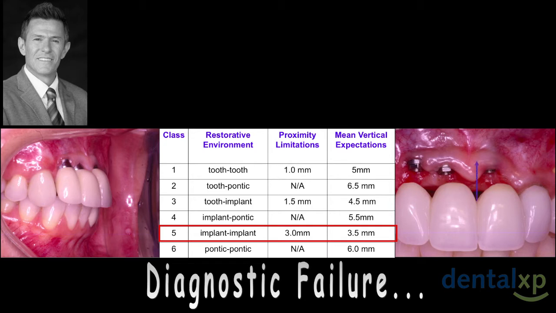So if we look at a case like this one, and you see that multiple implants were attempted to be utilized in the aesthetic zone, you have two different issues you'd have to look at. One would be the fact that it's very difficult to segregate implants by 3 millimeters, something that Dennis Tarnow first published on in the Journal of Perio in 2000. And then that the mean expectations of tissue levels between implants is only about 3.4, 3.5 millimeters, an article that we published with Dennis and his group here at the time at NYU.